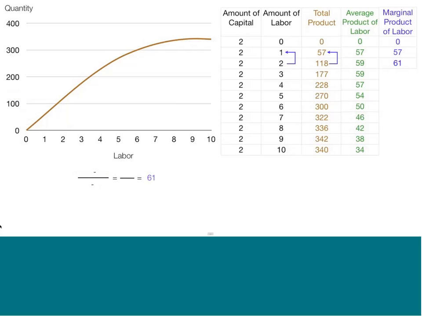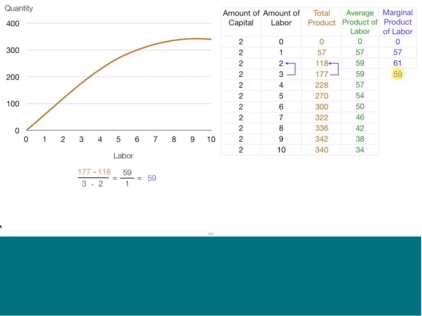Let's imagine now I want to calculate marginal product of labor at 3 labor units. So I take 177 minus 118 and divide that by 3 minus 2. 177 minus 118 divided by 3 minus 2, and this is equal to 59 divided by 1, which is equal to 59.